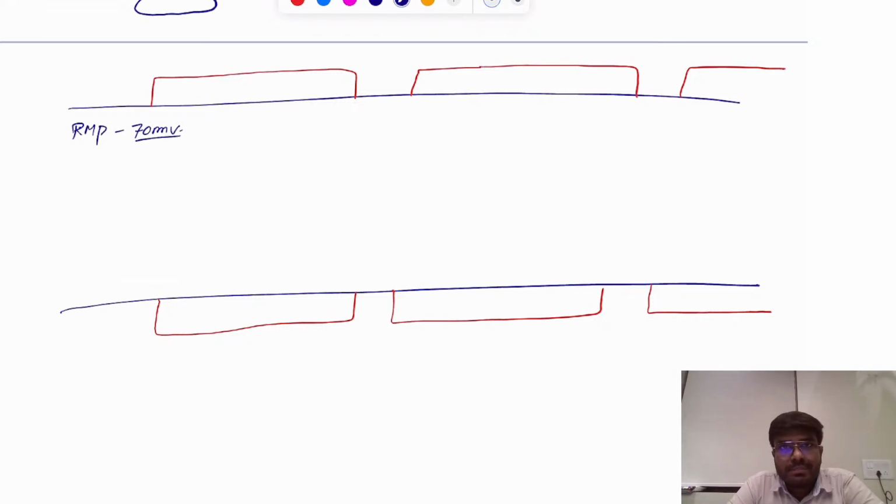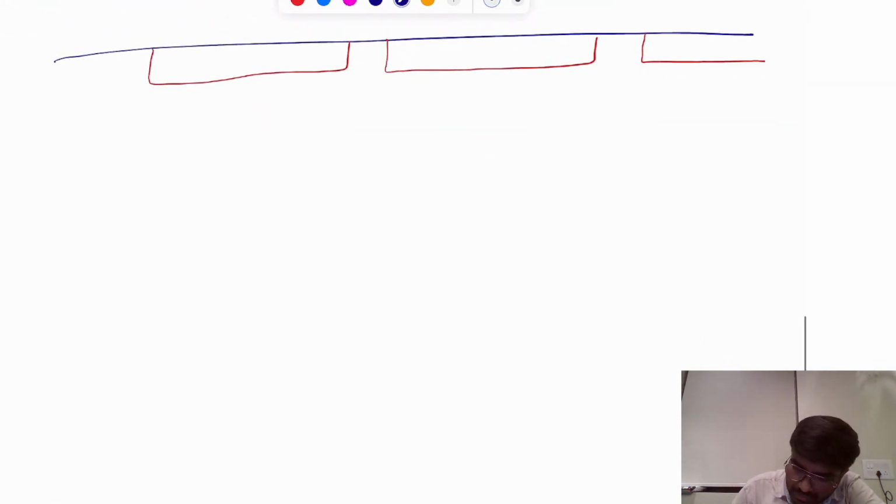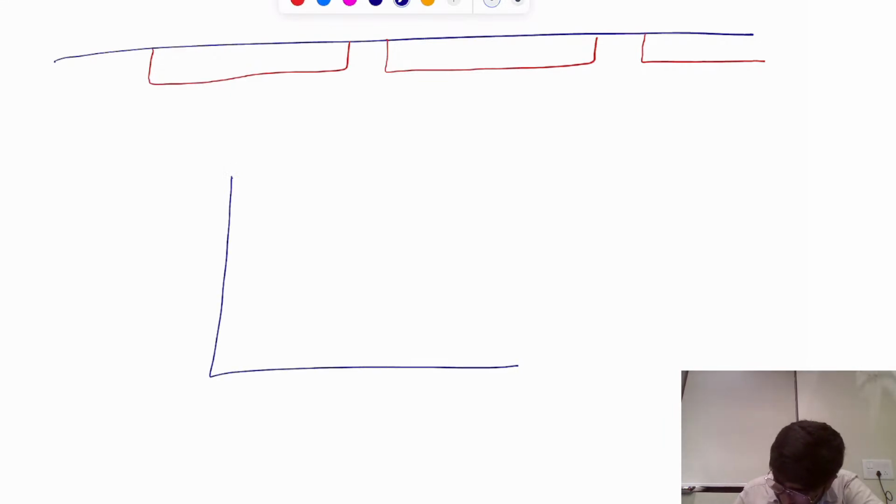Now, when you stimulate this neuron, let me put a graph first. I am plotting a graph, showing the voltage, minus 70 millivolts. You are stimulating that neuron. If the stimulation is going from minus 70 to, for example, minus 60, nothing will happen.